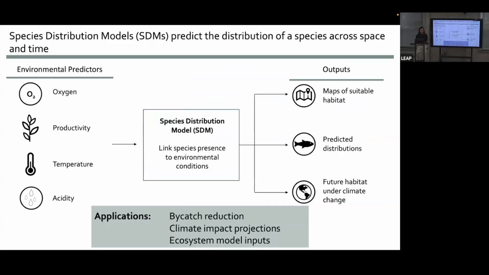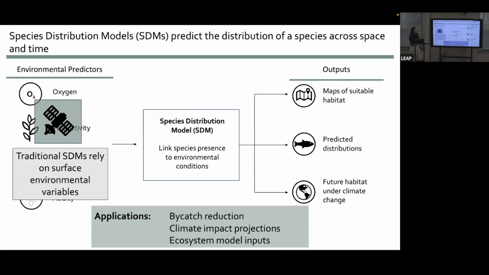Traditionally, species distribution models have relied heavily on surface variables like sea surface temperature and surface chlorophyll. But as we've discussed, the conditions that bound suitable habitat often occur below the surface and across multiple dimensions of ocean biogeochemistry. So these characteristics often cannot be observed with satellites alone.